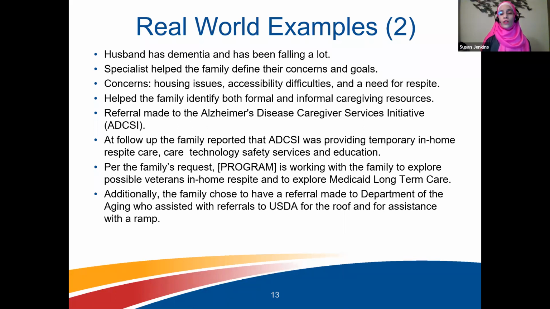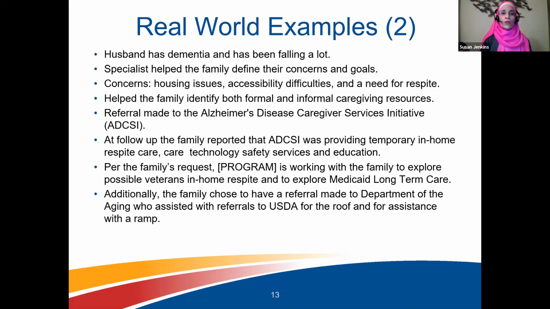And so that is a good description of what has happened, but it really doesn't tell us, did these services, did this interaction help the family? Did it keep the husband, in this case, at home and in the community? Did it offer relief to a caregiver? What were the outcomes? So moving the statement, which is good, and it is good to have the qualitative information, towards an outcome focus, is really important.